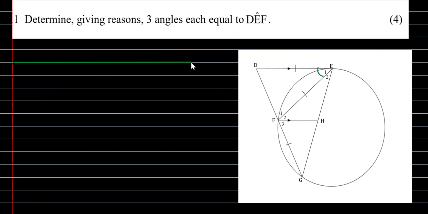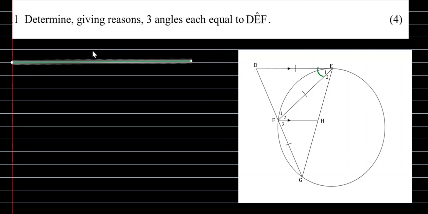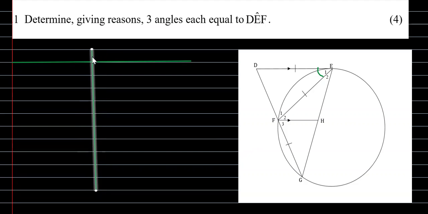So here I have a line. This is what I'm going to do. On this side I'm going to write statement, then on this side I'm going to write reason.